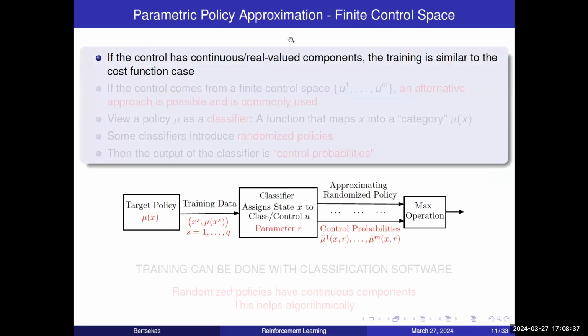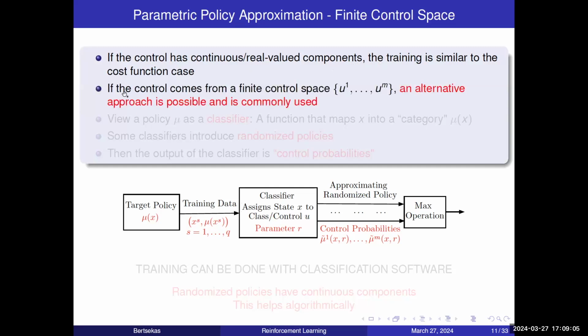Unlike the case where we approximate the cost function, when we would like to approximate the policy, especially when the number of possible controls is finite, things are a little bit different. If the control has continuous or real valued components, the training is similar to the cost function case.